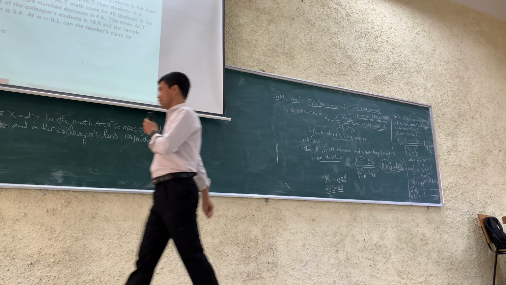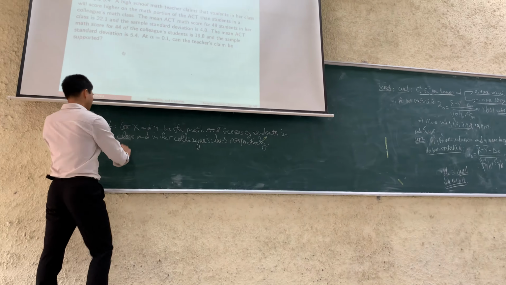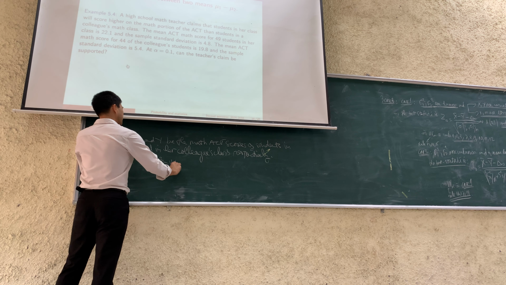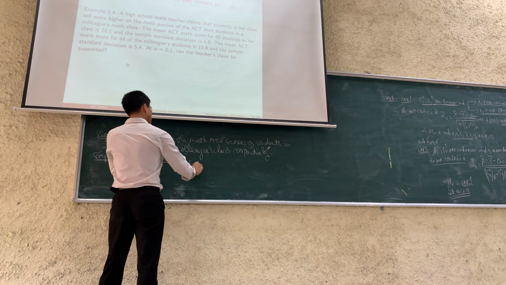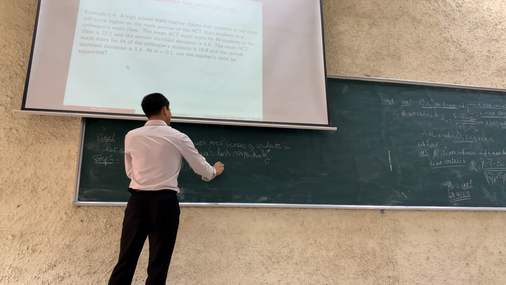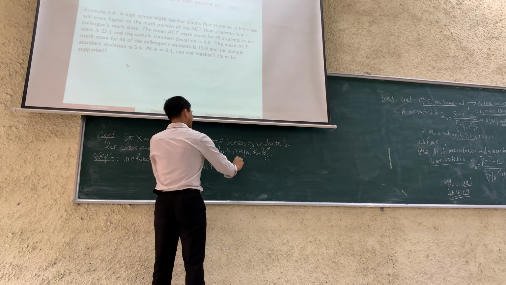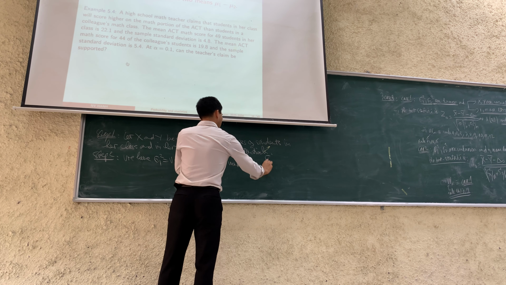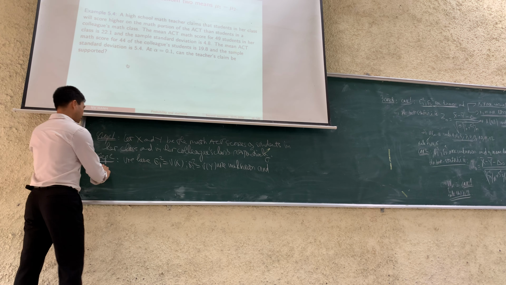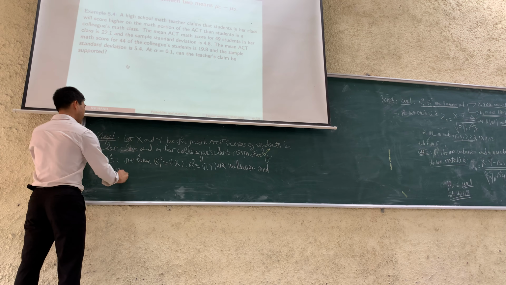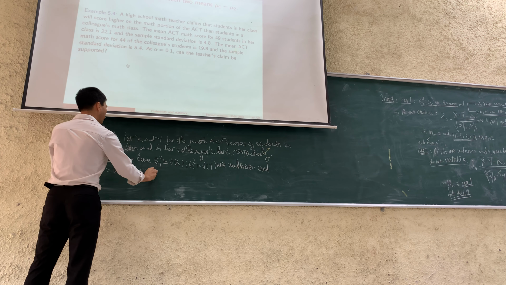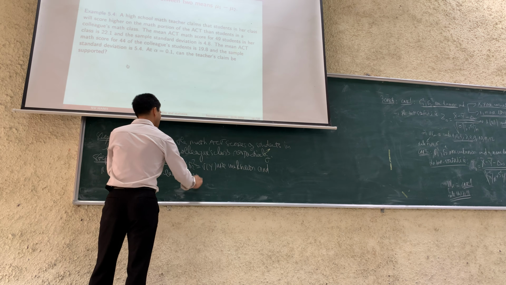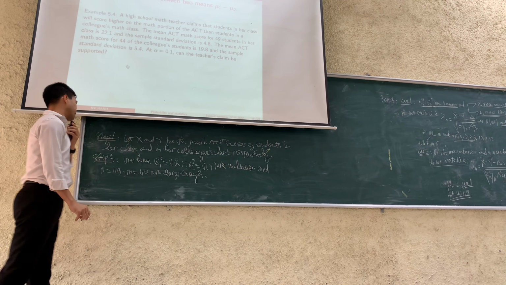You write the assumption of the second case: sigma 1 squared is unknown, sigma 2 squared is unknown, n is 49, m is 44. That's enough. Okay.